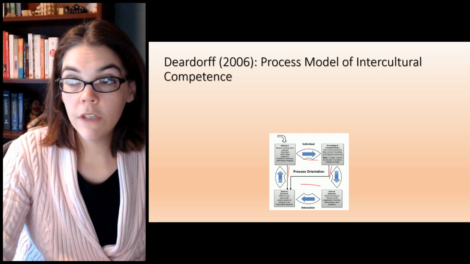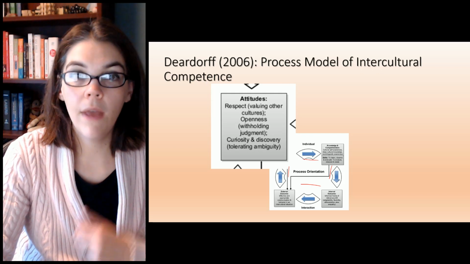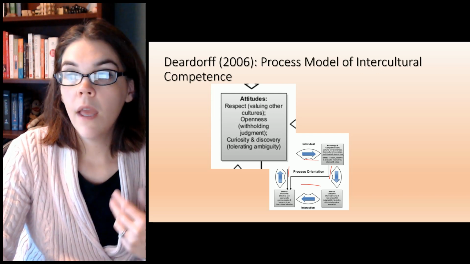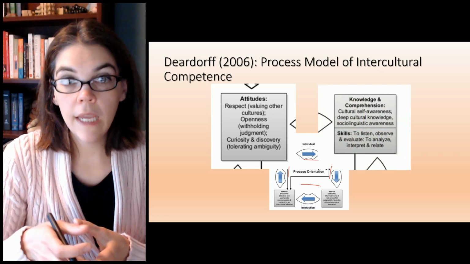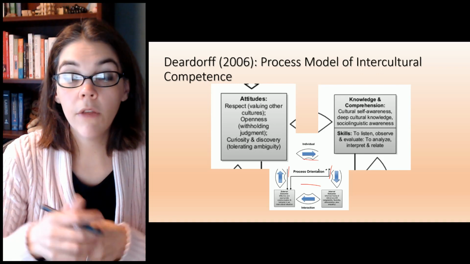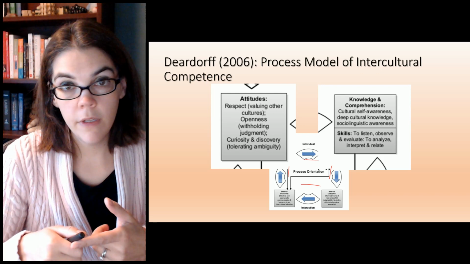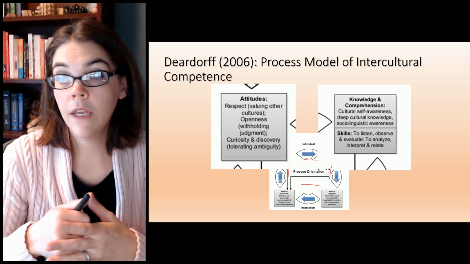And the way that she sees it is that we start with key attitudes. We start with having respect, being open, and being curious. And those attitudes support us as we engage with other people and other cultures. We practice our skills of listening, observing, evaluating, analyzing, relating, and interpreting.